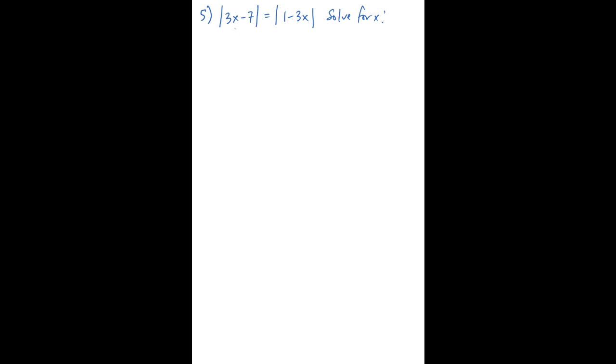Well, again, if these two absolute values are equal, it means that this and this have to either be exactly the same thing, or they need to just have opposite signs. So I can rewrite this as 3x minus 7 equals 1 minus 3x, or 3x minus 7 equals negative, and then the whole thing again, 1 minus 3x. I have to be sure I remember to make the whole thing negative.